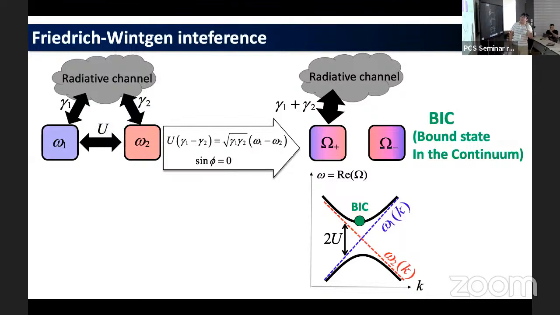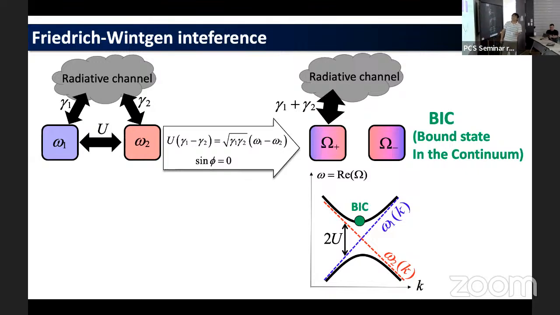So if I use the same Hamiltonian that I showed you before, and we perform this very special condition where we change the detuning of the losses and the detuning of the frequency to satisfy this condition, and also we need to have them in phase, so sine equal to 0.